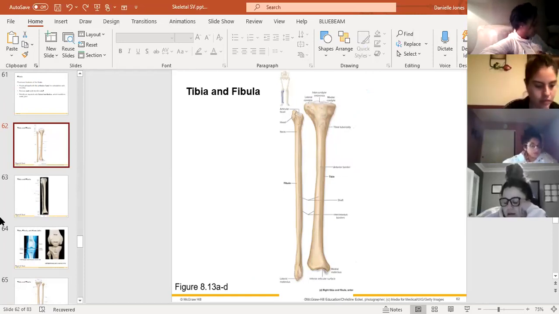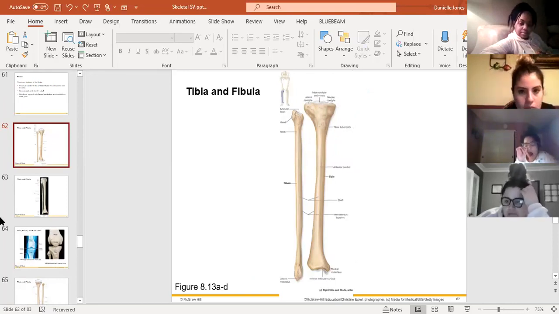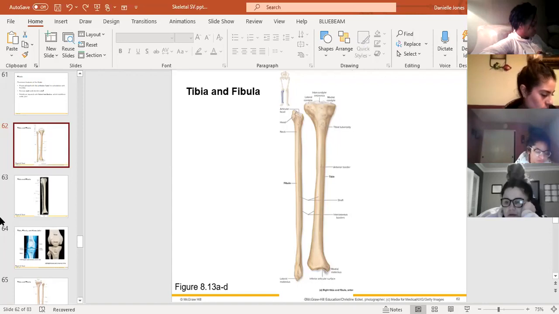The other way to remember positioning is that the fibula also has an L in the name, and the L stands for lateral. So the fibula is lateral and the tibia is more medial, okay?